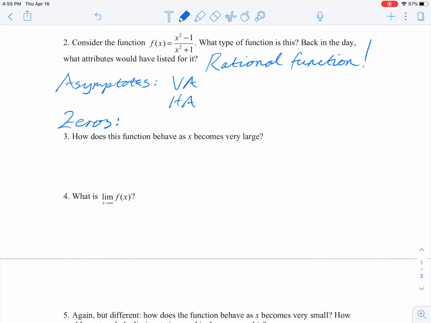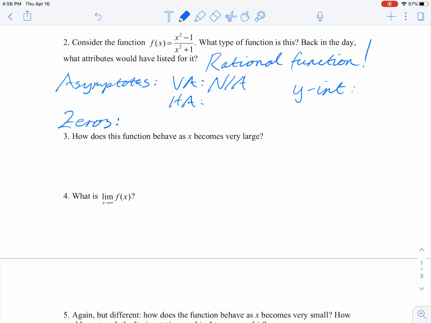We could list y-intercepts. Those would be the biggies. So asymptotes, zeros, y-intercept. Now, this function has no domain restrictions based on the denominator. You cannot plug anything into that denominator and get 0. So our vertical asymptote is not applicable, does not exist.